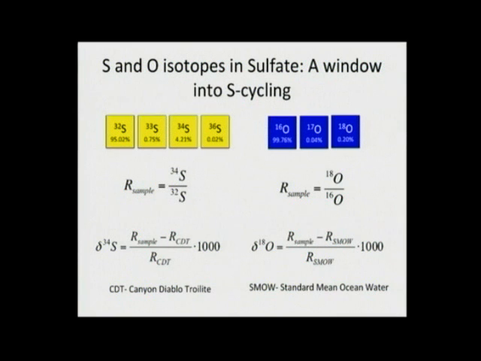In sulfur we're looking at the ratio between sulfur-34 and sulfur-32, and in oxygen we look at the ratio between oxygen-18 and oxygen-16. Then by using this ratio we define the delta notation, which is basically how different the ratio in a sample is from a given standard, and this ratio is in per mil.